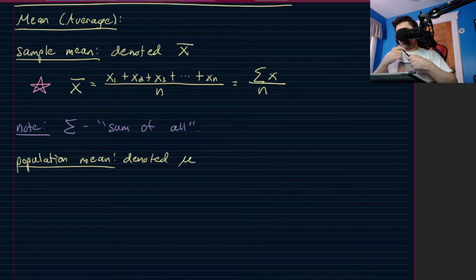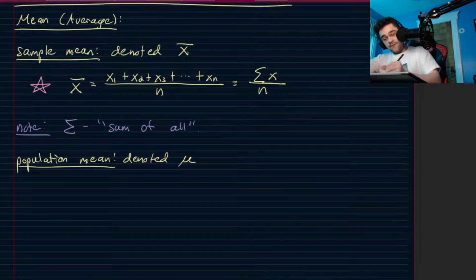I think I mentioned this already, though. Greek letters are used for the population, whereas normal letters are used for samples. That's why we're using x in the sample notation and mu, which is a Greek letter, in the population notation. So the formula for mu, it's the exact same formula, right? The average doesn't change. The formula for the average doesn't change.